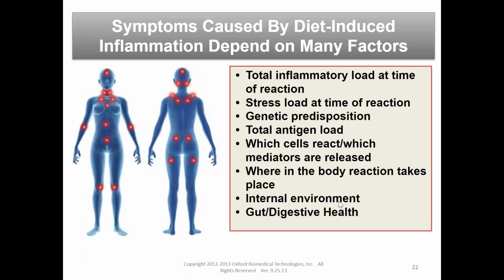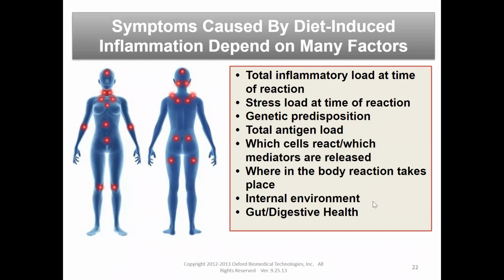It's important to note that the symptoms a person experiences really depend on various things. One could be your total inflammatory load at the time, which could mean many different things that are causing inflammation in your body. Your stress load at the time of reaction, your genetic predisposition, your total antigen load, which could be all the different foods that you're consuming.